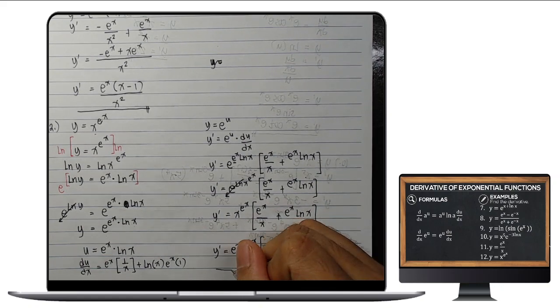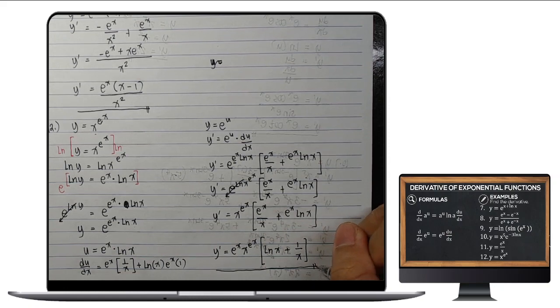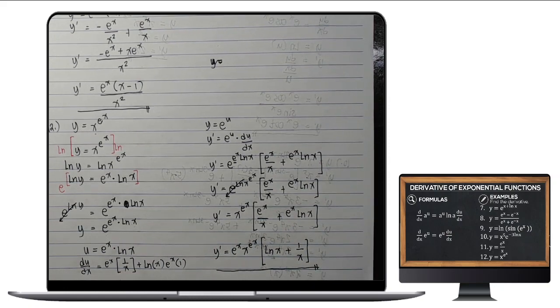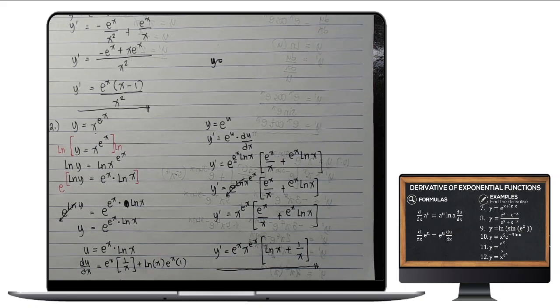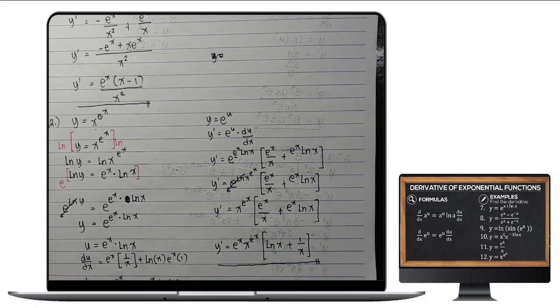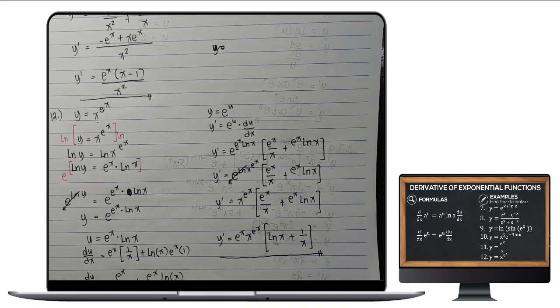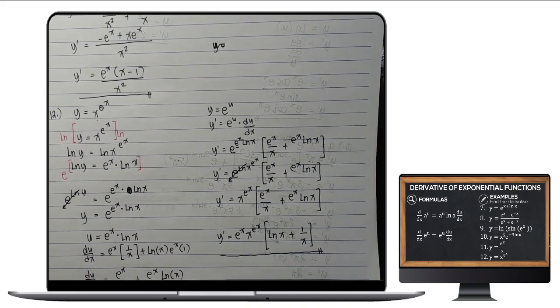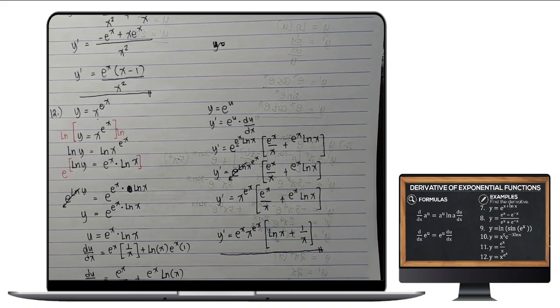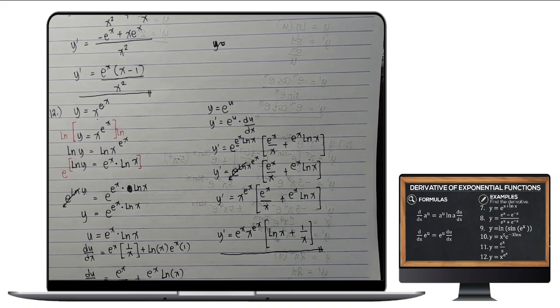So this will be our final answer. Okay? So, doon sa problem number 12, nagkaroon lang tayo ng kaunting twist. Okay? So, we just applied properties of logarithm and laws of exponent in manipulation.